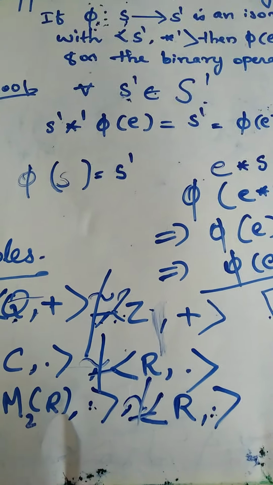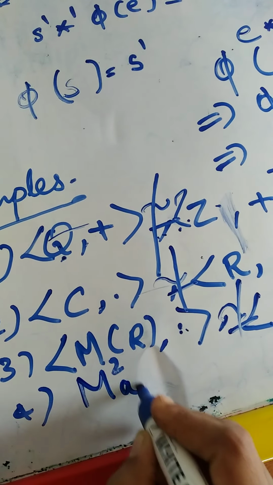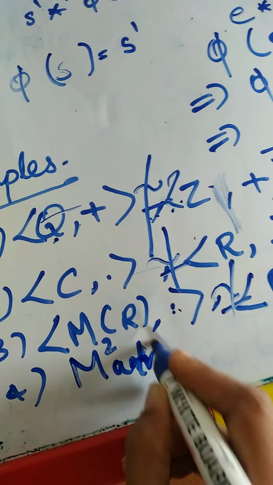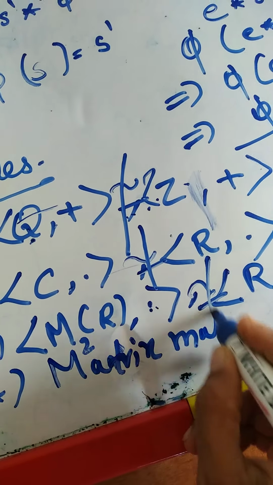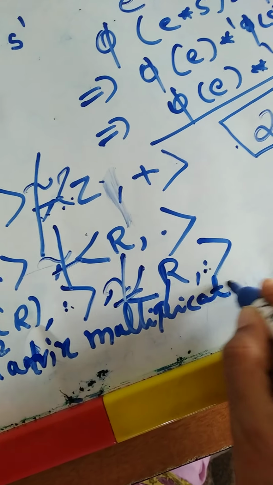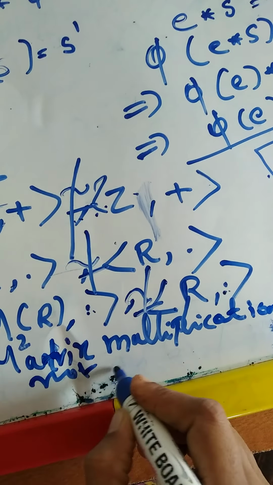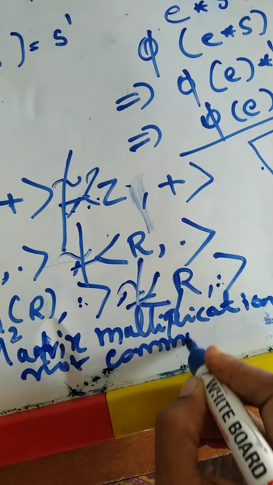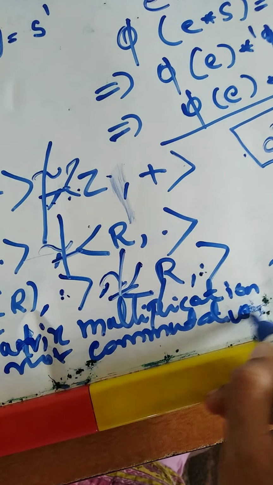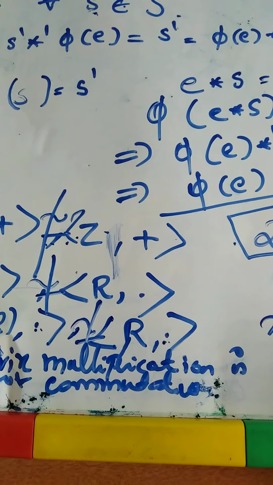You know that matrix multiplication is not commutative. But what about the case of real numbers?